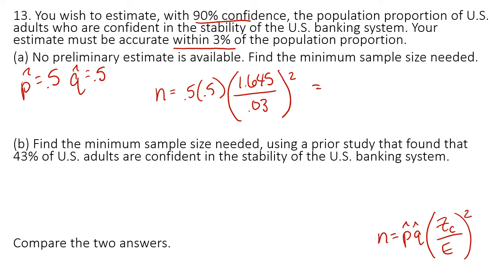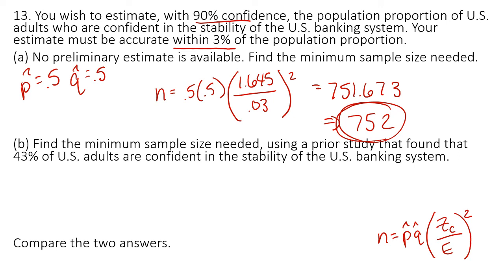So you would divide and then square, then multiply it times both 0.5s, and you get 751.673. Again, anytime you're calculating minimum sample size, no matter what the decimal is, you always round up. So we find that we need to survey 752 people if we're not sure what our preliminary p-hat and q-hat are.